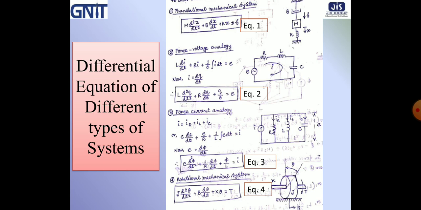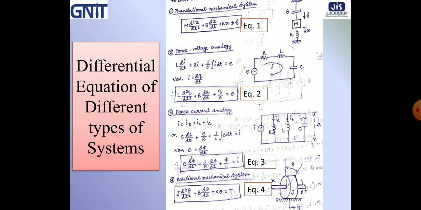According to the KCL equation, we can write the total current, small i, is equal to IR plus IL plus IC, that is the summation of the three branch currents.